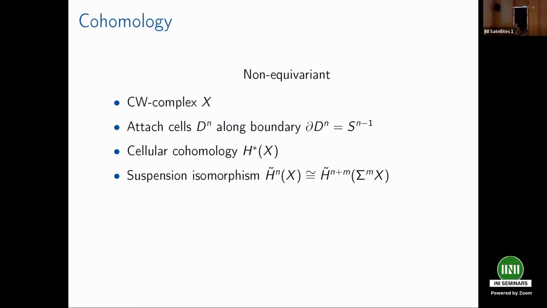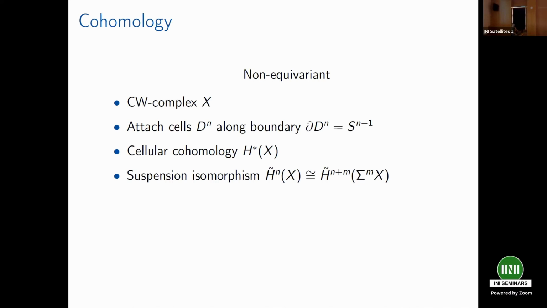Okay, so in non-equivariant homotopy theory, maybe I like to think about nice spaces like CW complexes, where I attach cells, which are disks, along their boundary. One of my favorite algebraic invariants is cellular cohomology, and I can take cellular cohomology with coefficients in an abelian group.